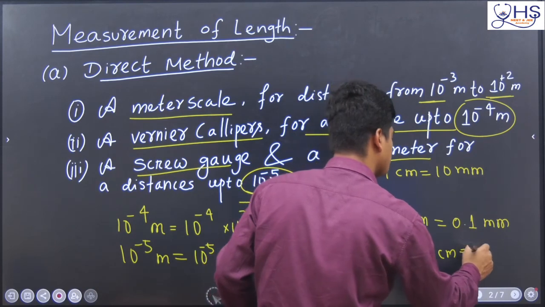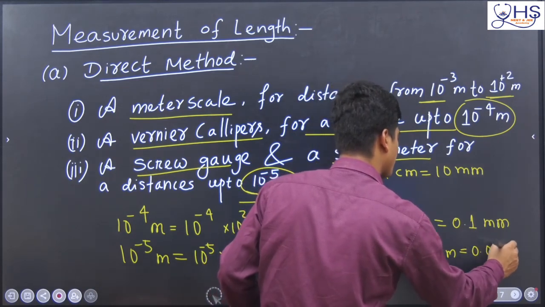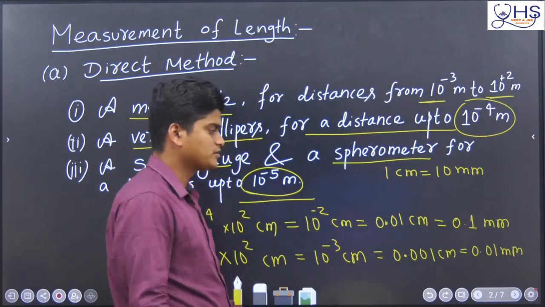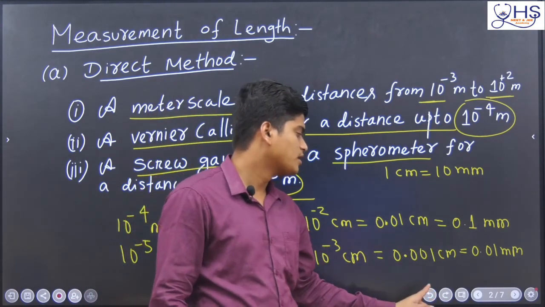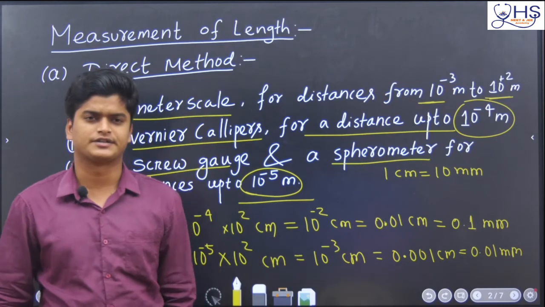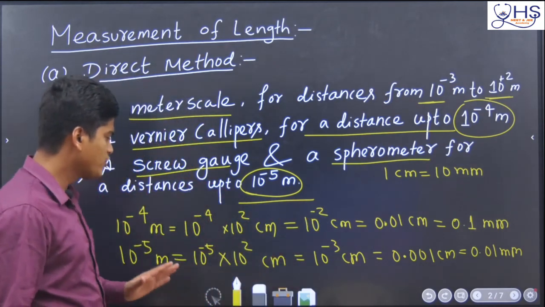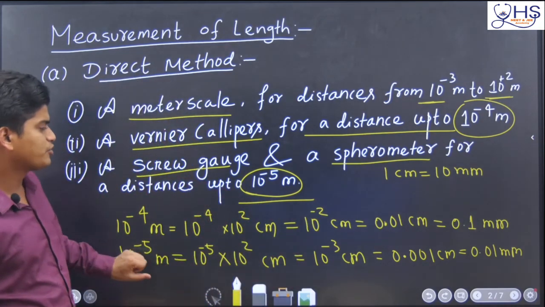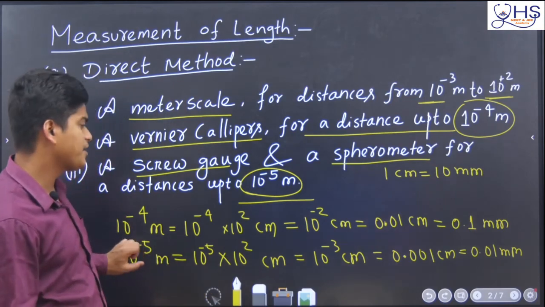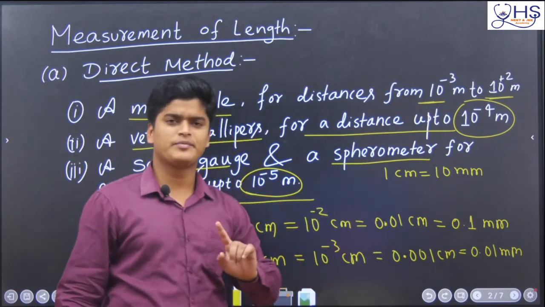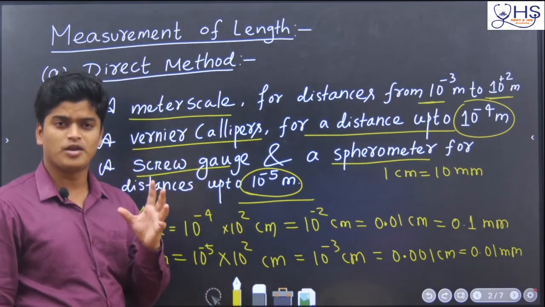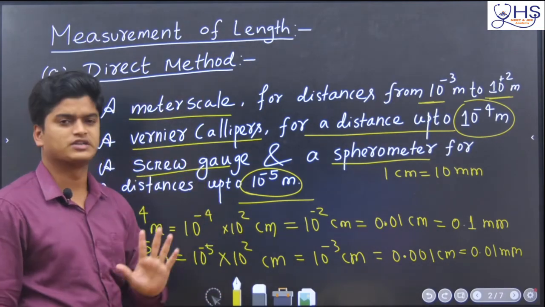That is equal to 0.01 millimeter, because you multiply by 10. This is the idea you must remember. So 10 to the power minus 5 meter, or 0.001 centimeter, or 0.01 millimeter, this much small measurement can be done by the screw gauge.